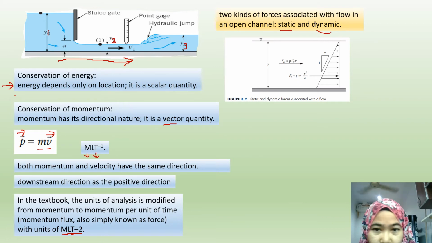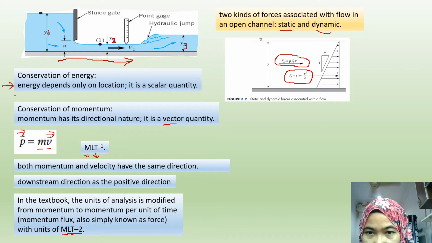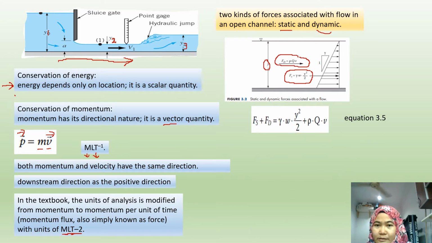The formula for static force is gamma W multiplied by y to the power of 2 over 2, and for dynamic force, the equation is rho times Q times V. Here y is the depth of flow. So momentum equals static force plus dynamic force, and this is equation 3.5 from the textbook.